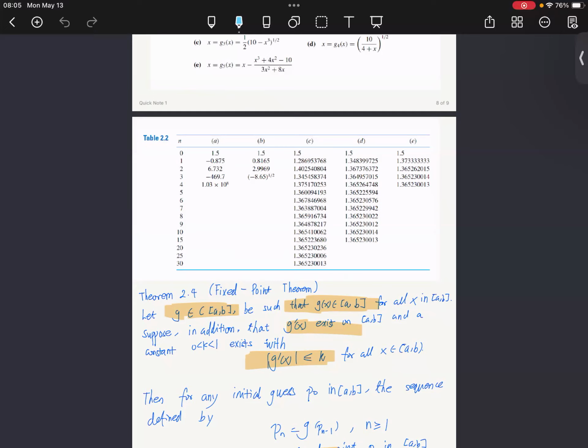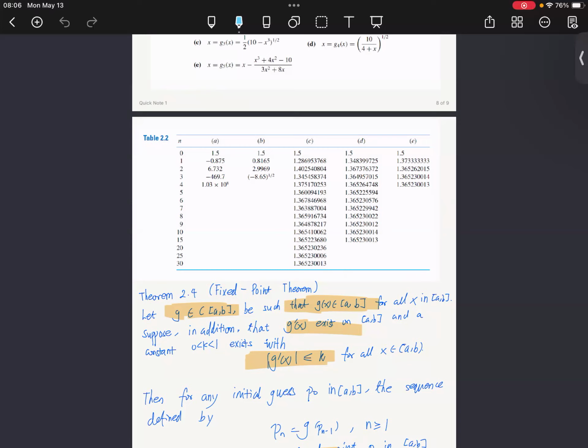It's about uniqueness and existence. But for this fixed point theorem, we have the same assumptions. G is continuous, and the range of G is a subset of the domain of G. We also assume that the derivative exists on the interval and is bounded by a constant K, and this constant K is smaller than 1.